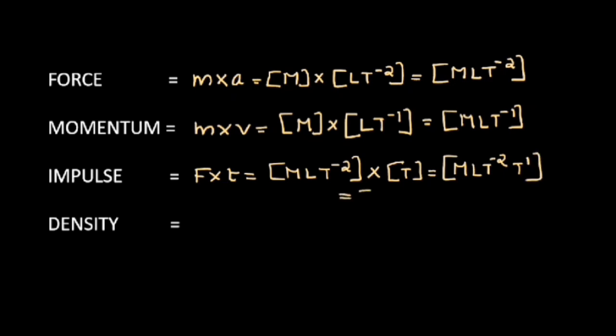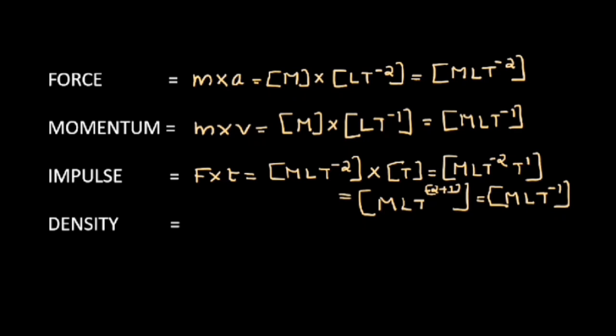On solving this, we get M L T raised to minus 2 plus 1, and it will be M L T raised to minus 1. So the dimension of impulse is M L T raised to minus 1.